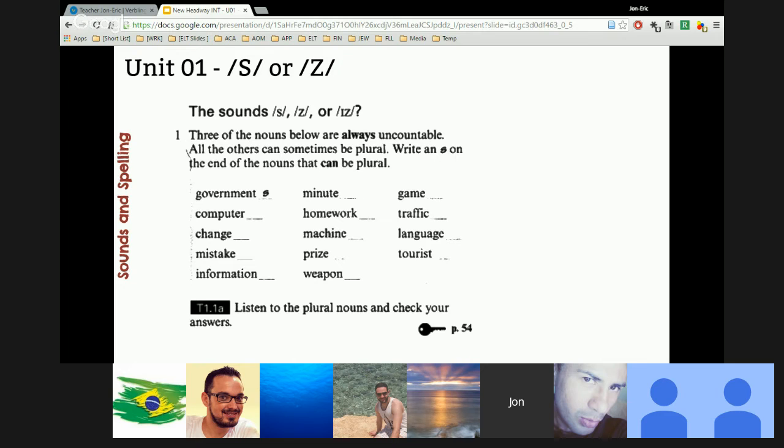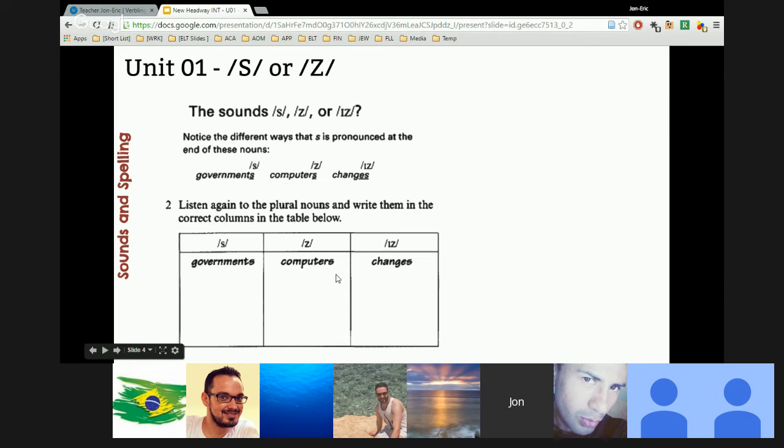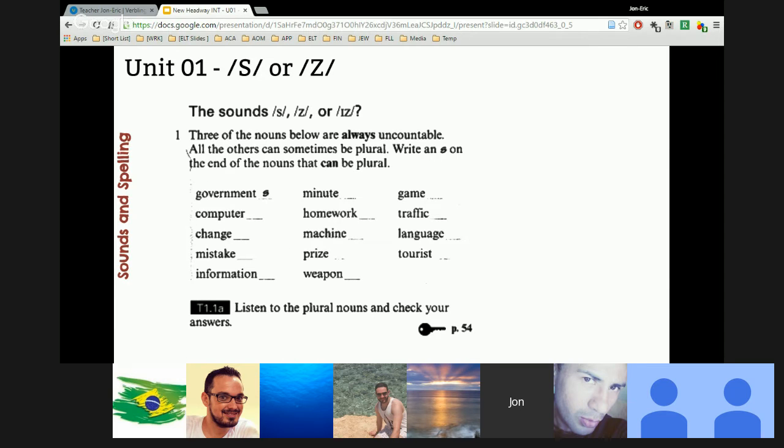Let's take a look at the Z column. Computers. Look at the list and tell me what else goes in the Z column. Weapons. Games. Good. Machines.